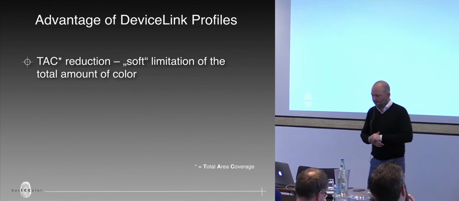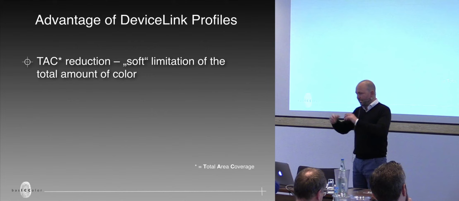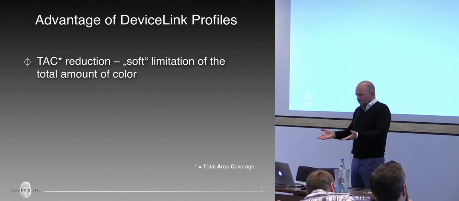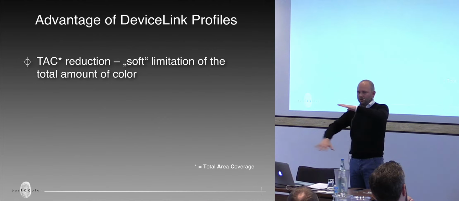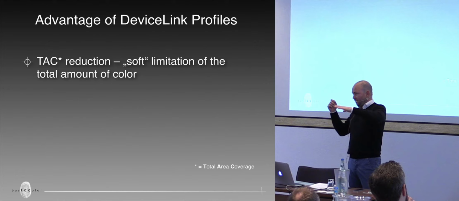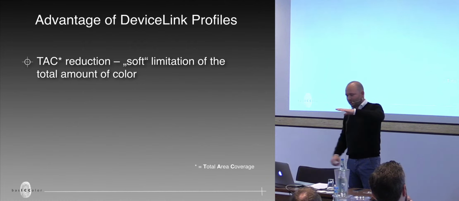These DeviceLink profiles are within the pdfToolbox, and they will just reduce the TAC, the total amount of color, but all other colors won't be changed. So that means that 50, 50, 50, 0 will be the same on the output.